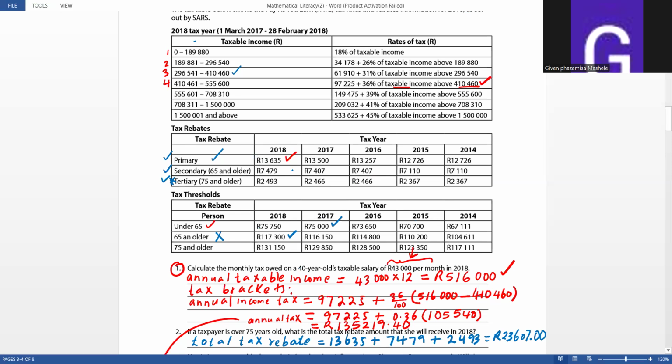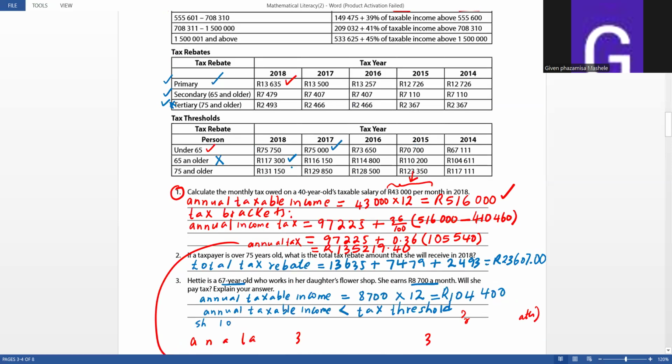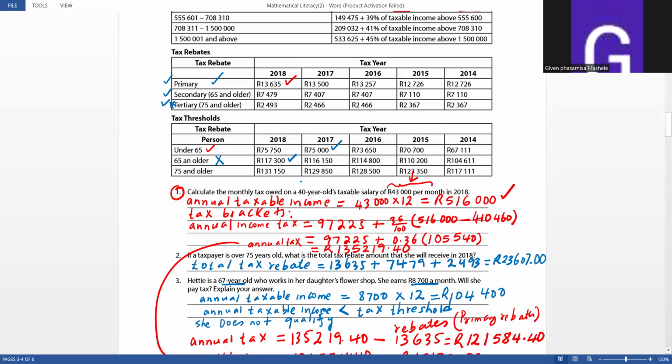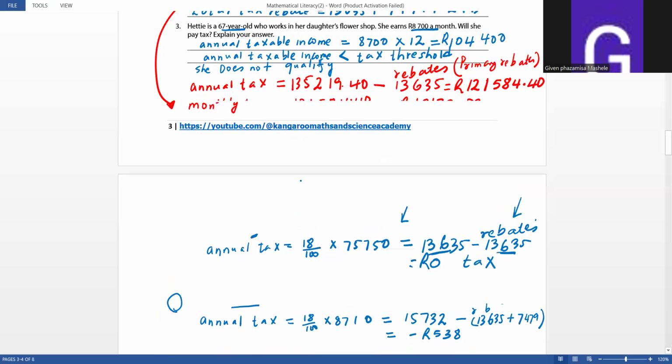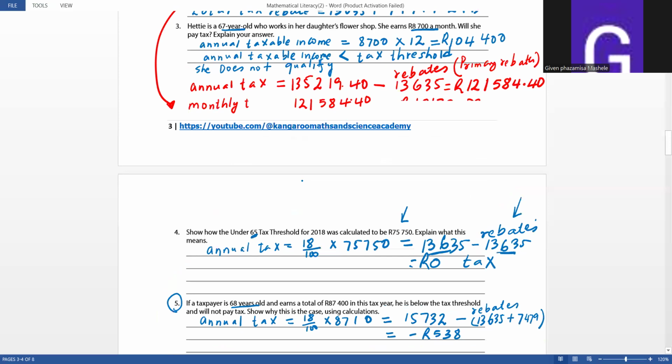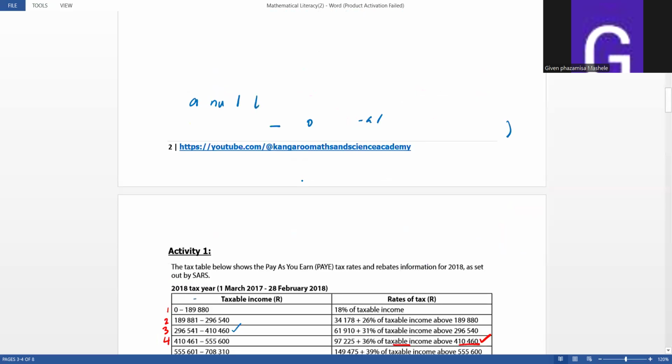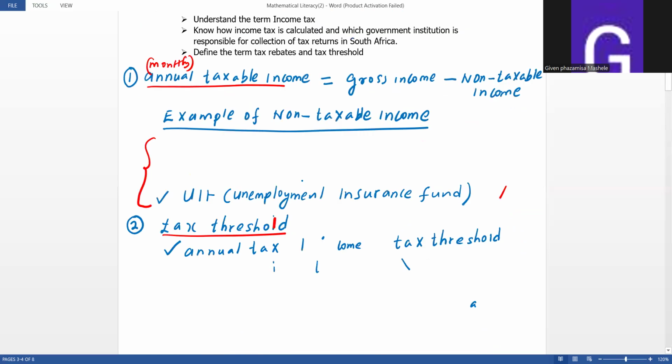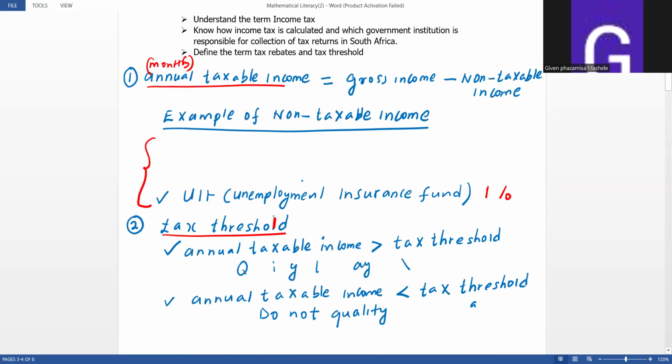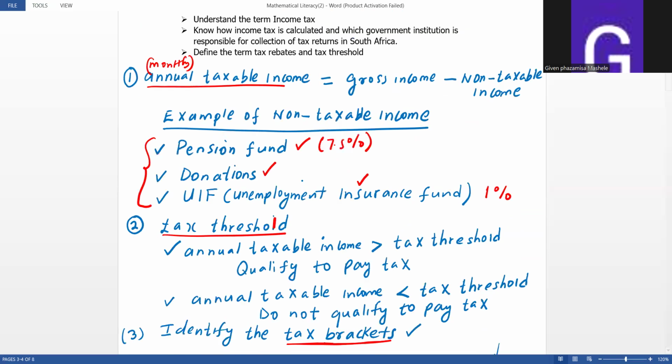I strongly believe you are following. All the time when you are calculating income tax, you need to first consider this. Number one, if you're given a monthly taxable income, you need to multiply it by 12 to get an annual taxable income. Then you compare it with the tax threshold.